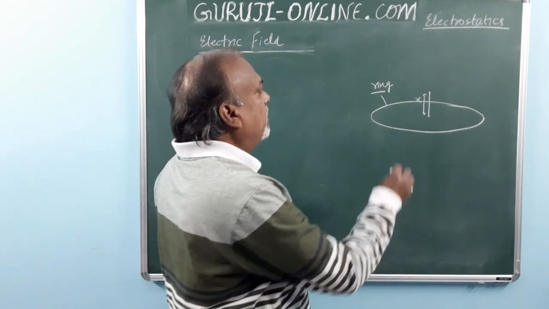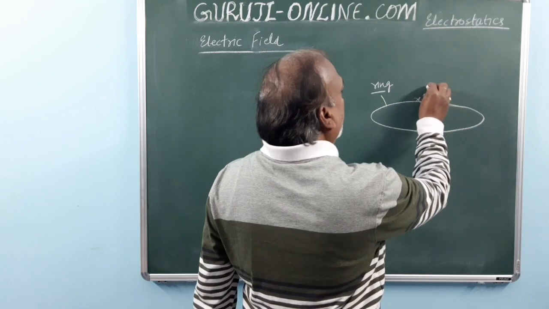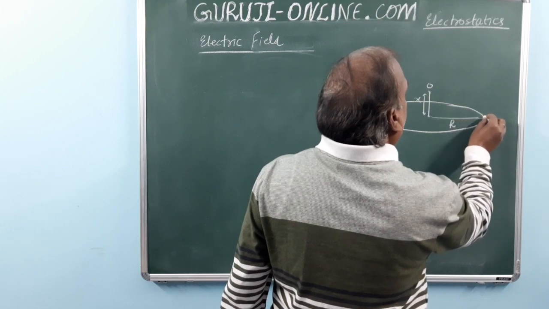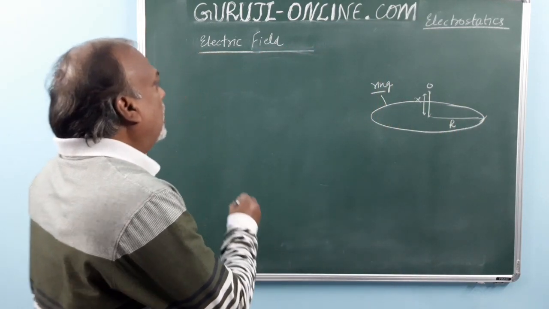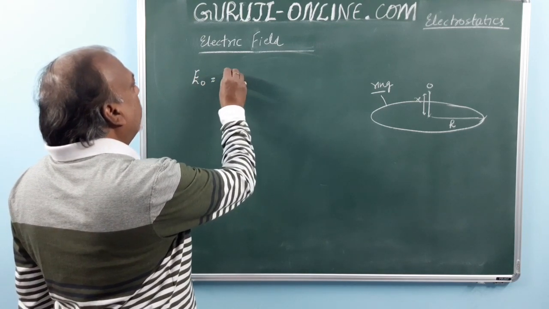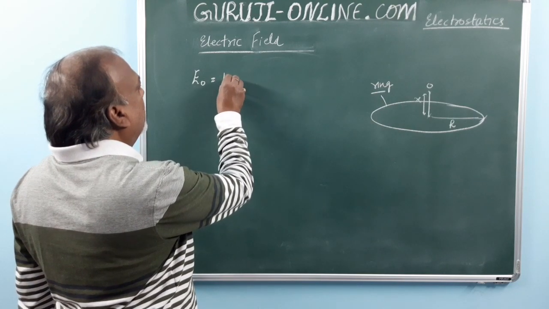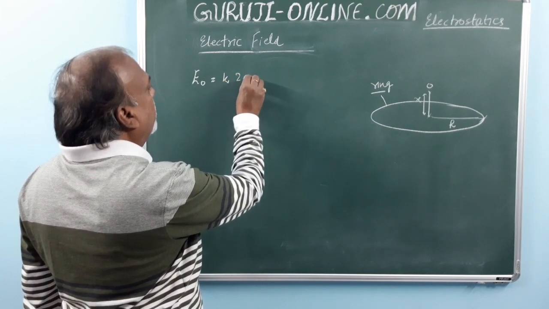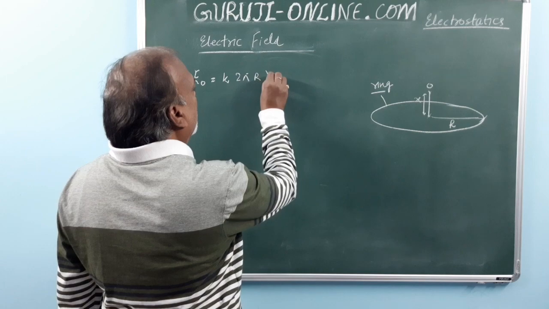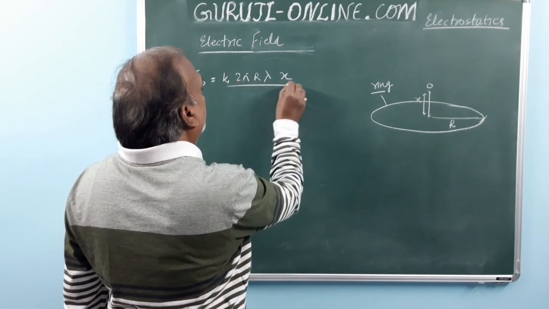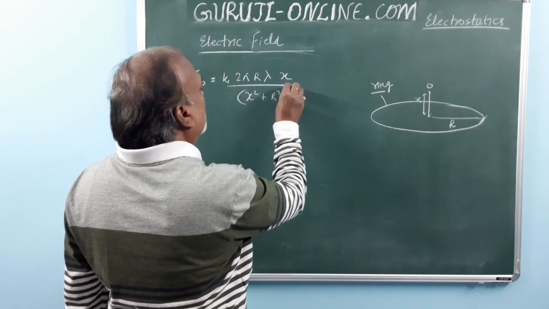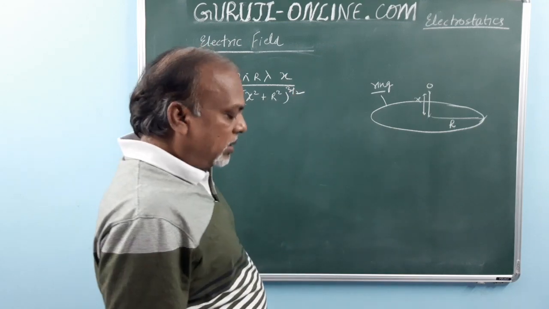In the previous problem, we have seen at point O, this is the radius R. At point O, we have electric field that is K 2 pi R lambda x upon x square plus r square to the power 3 by 2, correct?